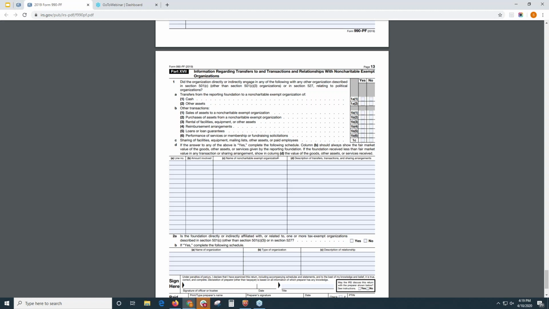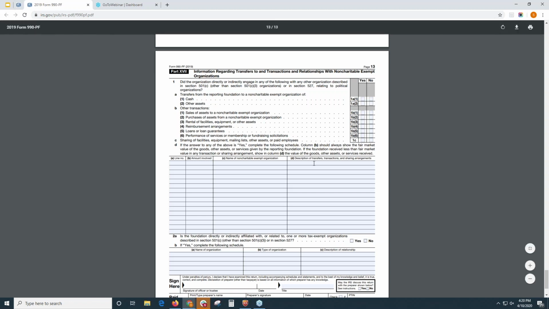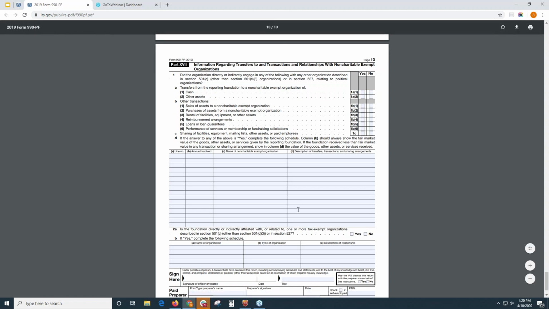So it's used to report direct and indirect transfers to, and direct and indirect transactions with, non-charitable exempt organizations. So all that will be reported here.